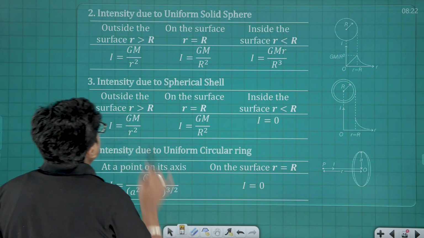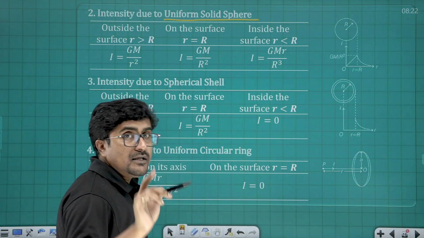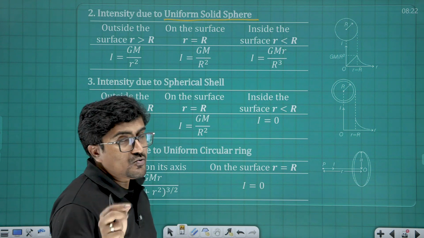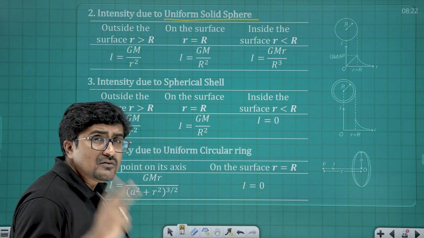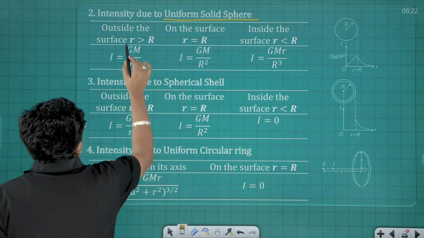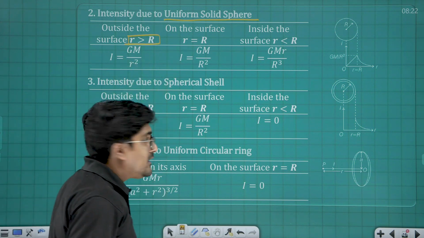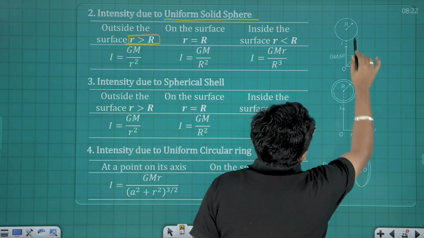Here comes the very first one, that is due to a uniform solid sphere. It is a uniform solid sphere. My dear students, this is a super important area. Okay, so here we are having 3 points. First one is small r greater than capital R. That means it's going to be outside the sphere.